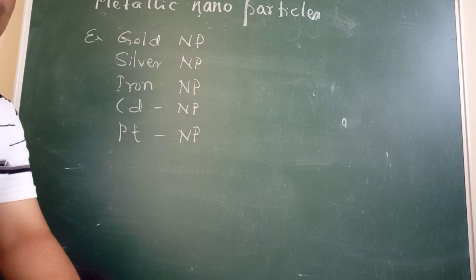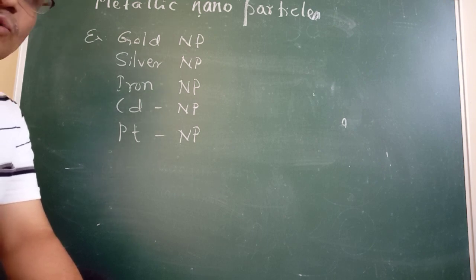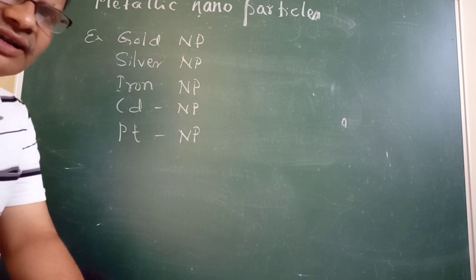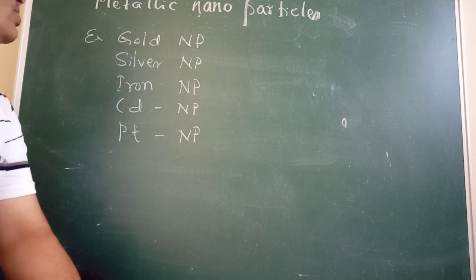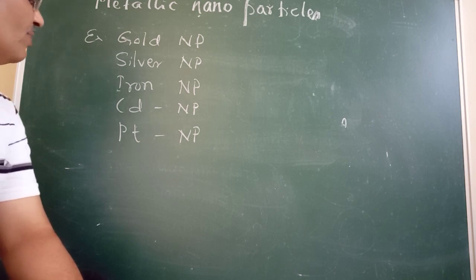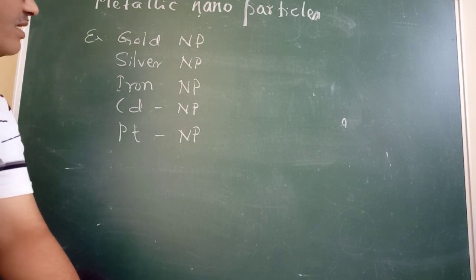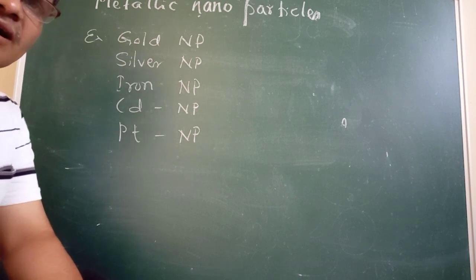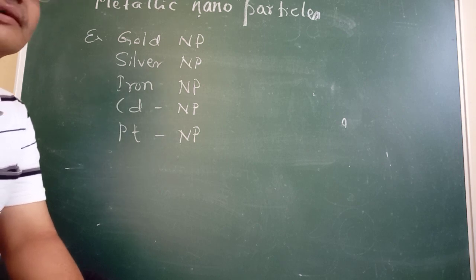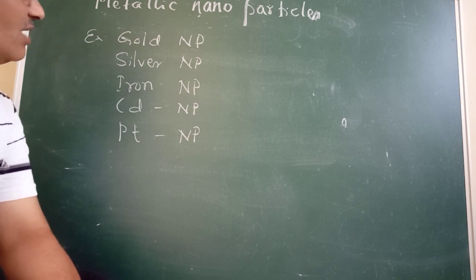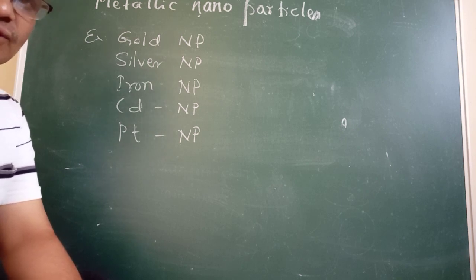Similarly, in case of connecting the wires, or what we call ohmic contact, in semiconductor circuits, we use gold, silver and platinum nanoparticles. Similarly, iron and cadmium nanoparticles are magnetic in nature. They are used as magnetic nanoparticles, and they have their own applications also.